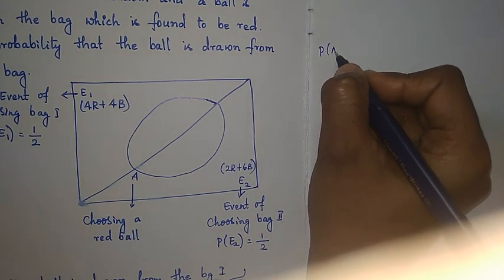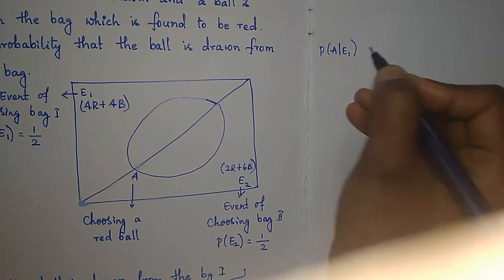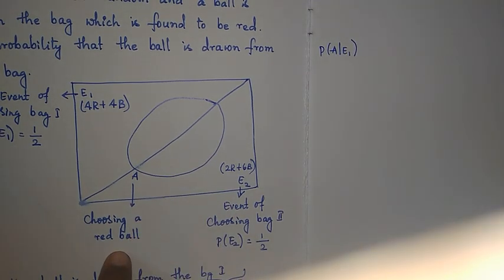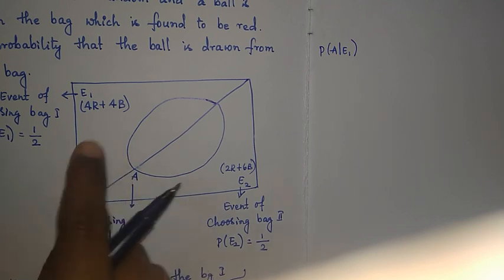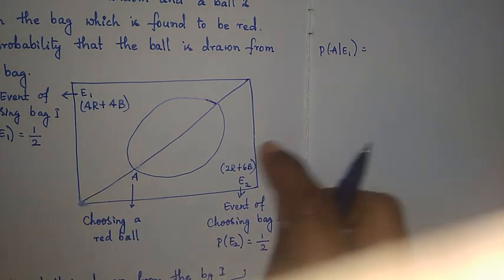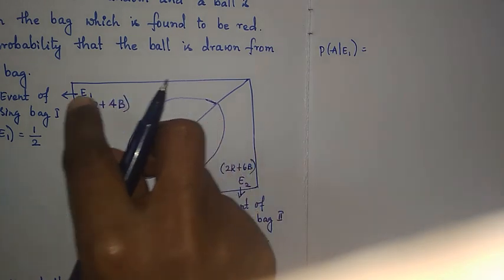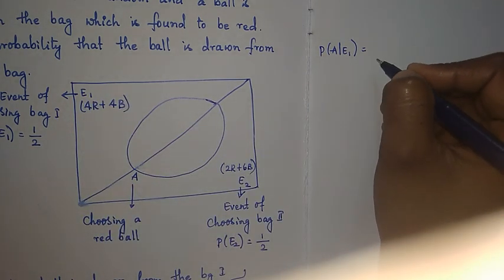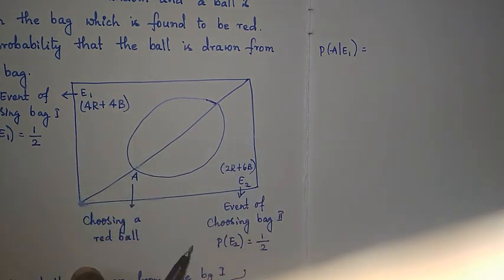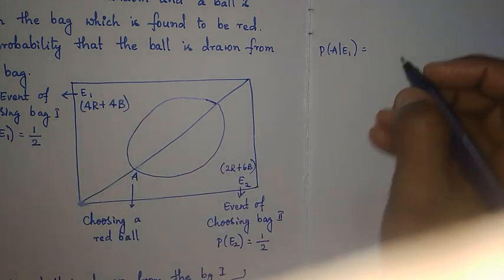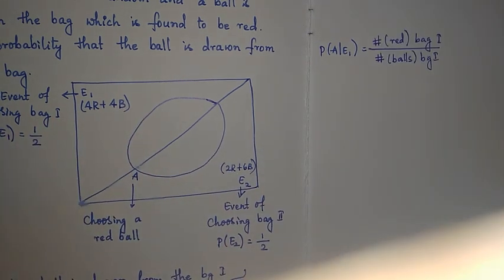What is P of A given E1? Probability of choosing a red ball from bag 1. That is the number of red balls in bag 1 divided by the total number of balls in bag 1.